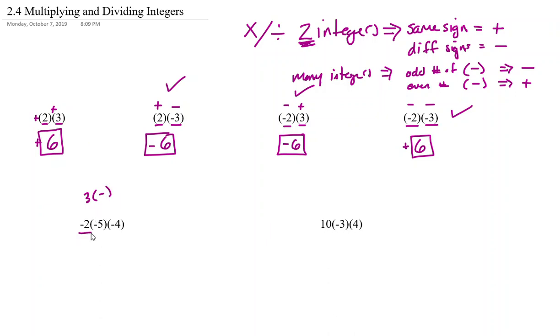Well, think about this. Negative 2 times negative 5. The rule is the signs are the same, so the answer is positive. 2 times 5 is 10. That's that first bit. And then times negative 4. Well, this time the rule is signs are different. 10 times negative 4 is negative 40. But we didn't have to do it one piece at a time.